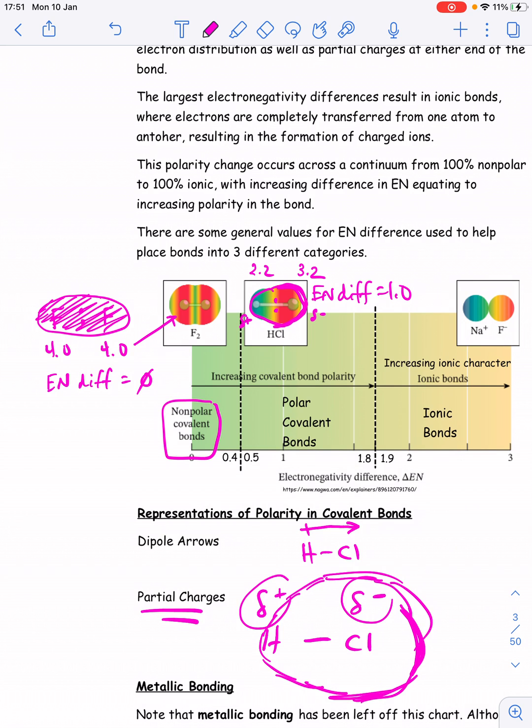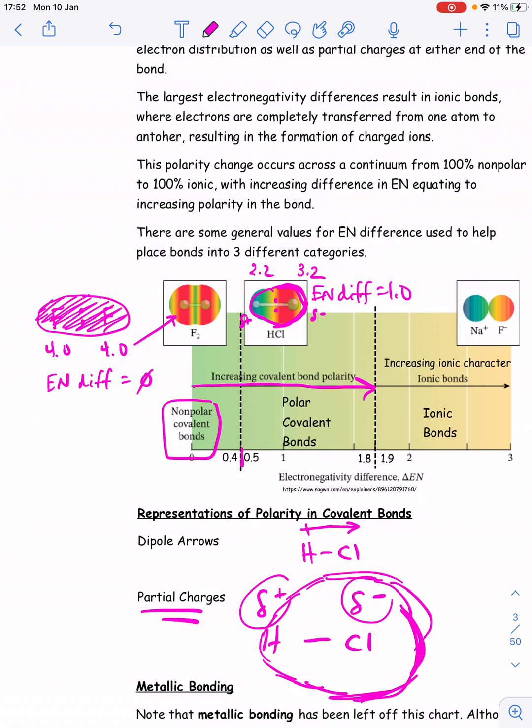So they can form a nonpolar covalent bond where electrons are shared relatively evenly. They can form a polar bond, and with increasing difference in electronegativity, you get increasing polarity. So it's a continuum. The bigger the difference in electronegativity, the more polarized it gets, the more negative and positive those ends get.